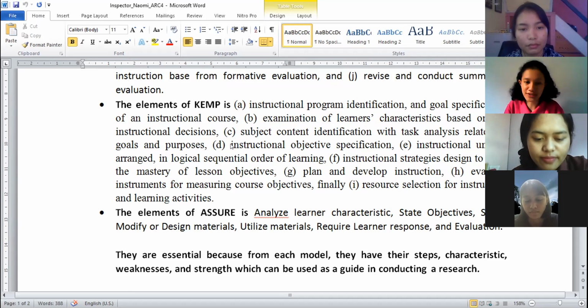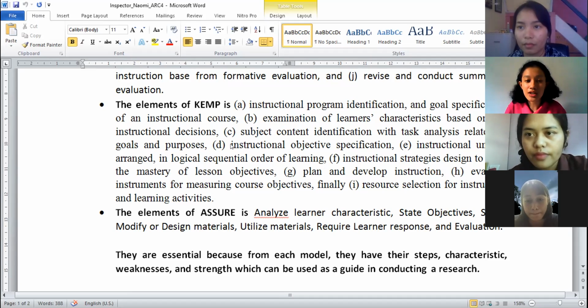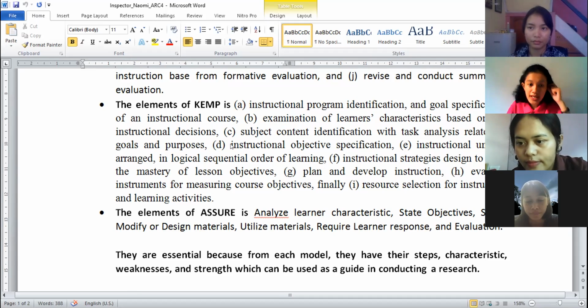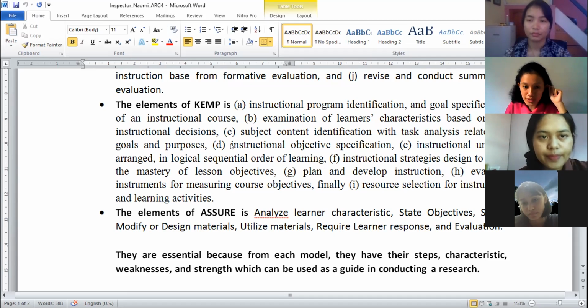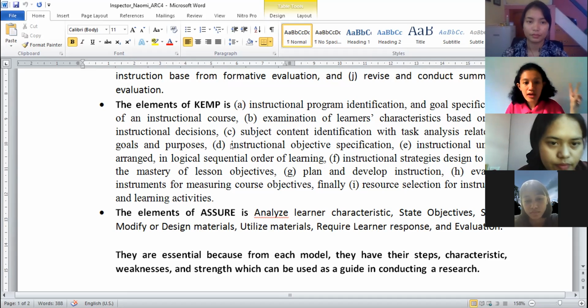instruction and learning activities. And the third type of instructional design is ASSURE. So ASSURE is an acronym. A stands for Analyze Learner Characteristics. S stands for State Objectives. The second S stands for Select, Modify, or Design Materials.